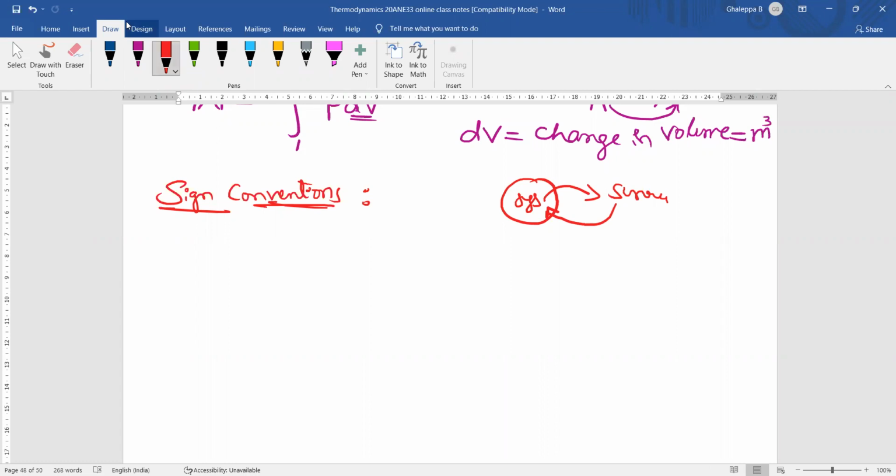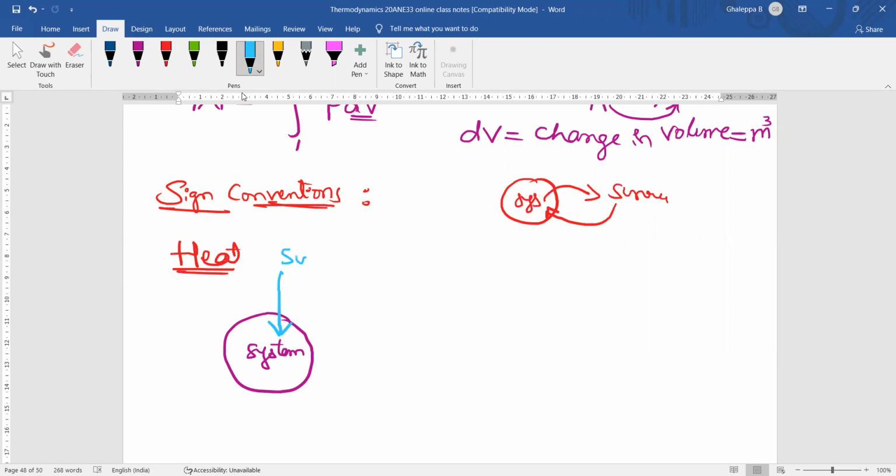First, I will write the sign conventions of heat. Dear students, important, listen carefully. Here again, the system is nothing but an engine, any device, any machine. One case is heat supplied to the system, meaning from the surrounding. The second condition is the system rejecting heat to the surrounding.